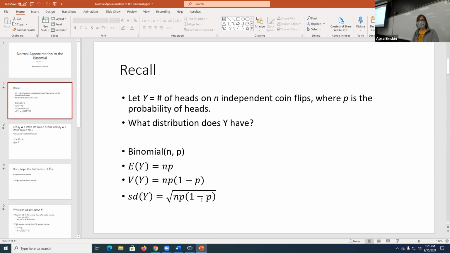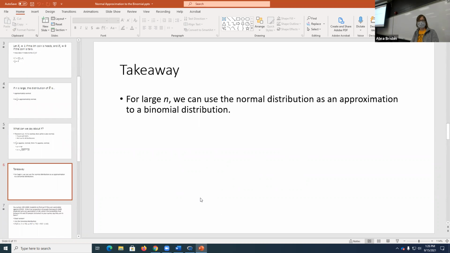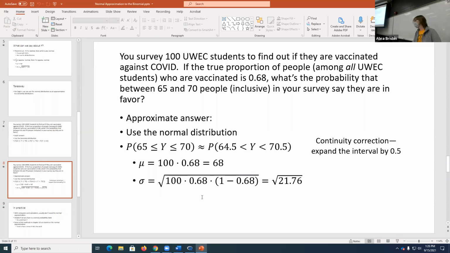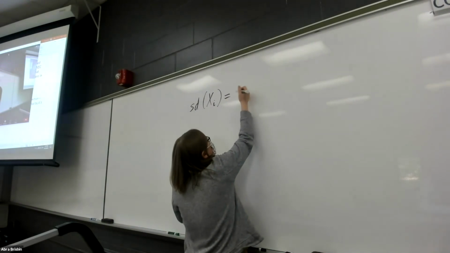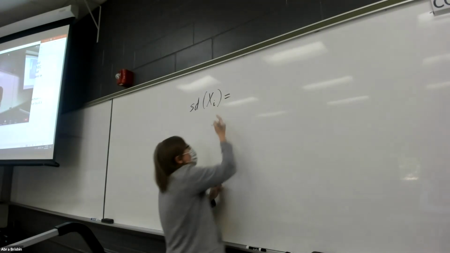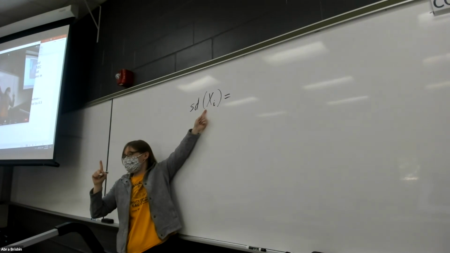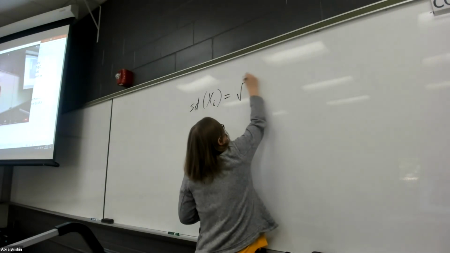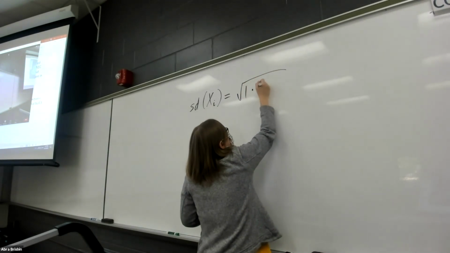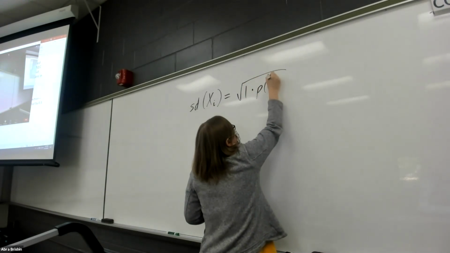The other way to do it would be to say the standard deviation of the individual x sub i's. Sorry, I should stop sharing my screen so Vivian can see this. This is a binomial random variable with an n of 1. So this standard deviation would be the square root of 1 times p times 1 minus p.